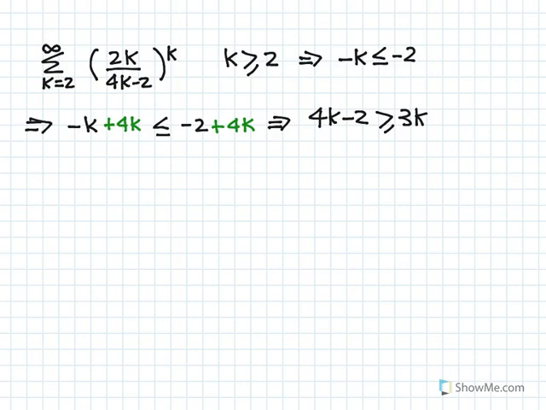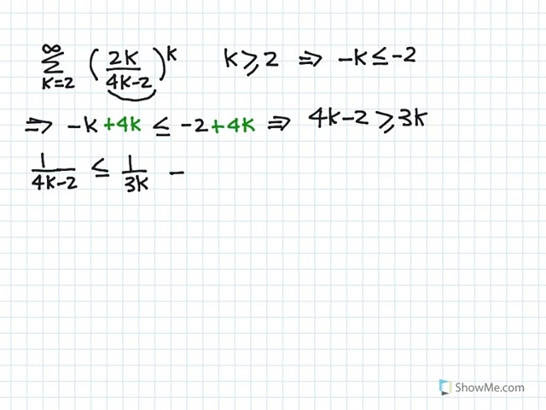We have now constructed the denominator of our given series. So 4k minus 2 is larger or equal to 3k. Flip both sides, reciprocate, we get 1 over 4k minus 2, and the inequality changes direction, so we get less than or equal to 1 over 3k.